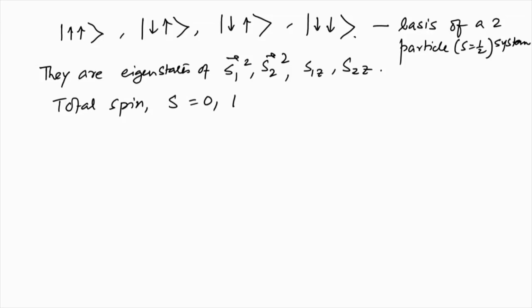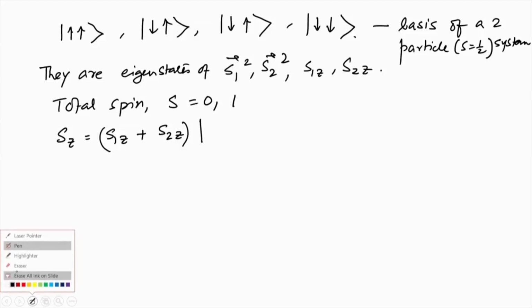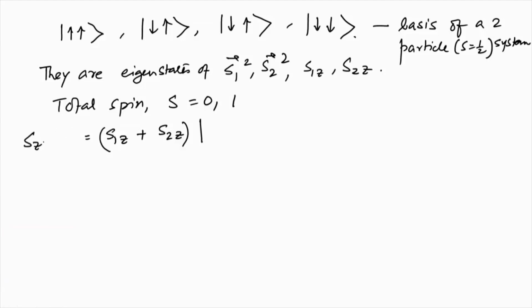Okay. So, now we can see how the total spin operators act on each of these states. The total spin operator Sz is equal to S1z plus S2z. So, Sz acting on the up up state: S1z will only act on the first spin on the left, and S2z will act on the spin on the right.